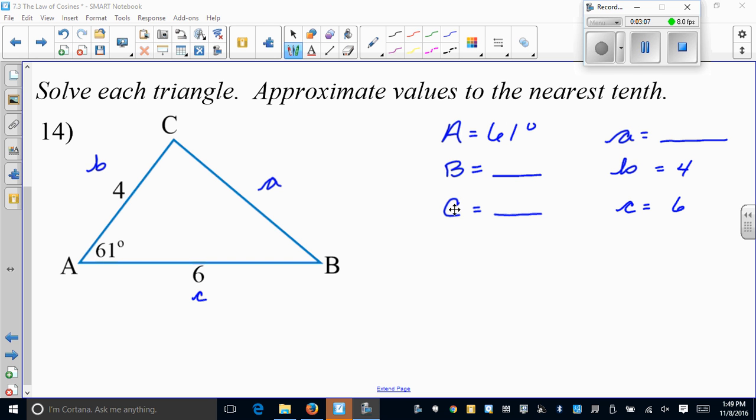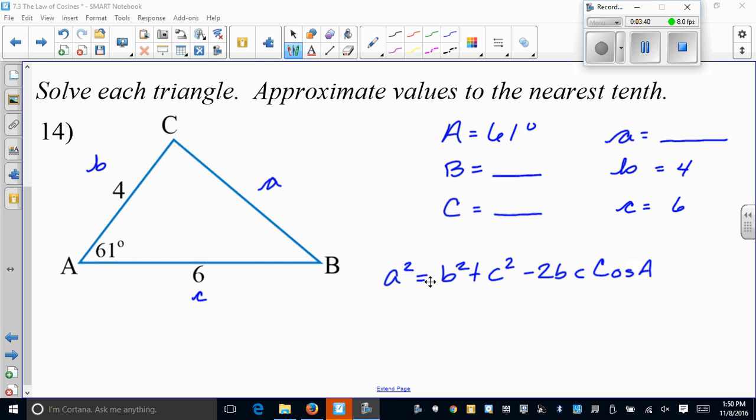Since they want us to solve the triangle, we're going to use the law of cosines to find a. So a squared equals b squared plus c squared minus 2bc cosine of A. This is when I get to throw the reminder in there: don't forget to make sure that you have your calculator in degree mode.